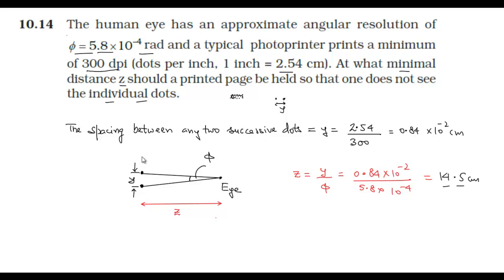So if you keep this page at a minimum distance of 14.5 centimeter, you are just able to see them as two different dots. If you increase this distance z, you will not be able to resolve these two dots. Clear? And you will see a continuous patch of the printed material.